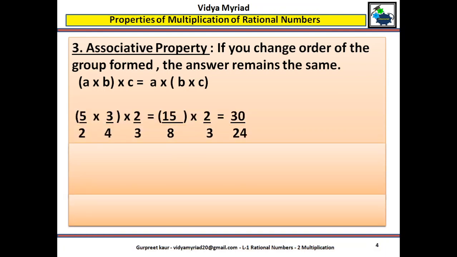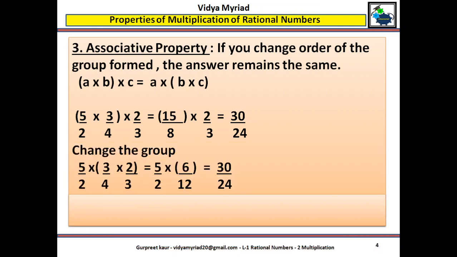I have taken three rational numbers: 5 upon 2, 3 upon 4 and 2 upon 3. In this case, I have made the first and second rational numbers a group. When I multiply that, I get 15 upon 8, which is to be multiplied by 2 upon 3, and I get 30 upon 24. Now I will change my arrangement. In this case, I have taken 3 upon 4 and 2 upon 3 as one group.